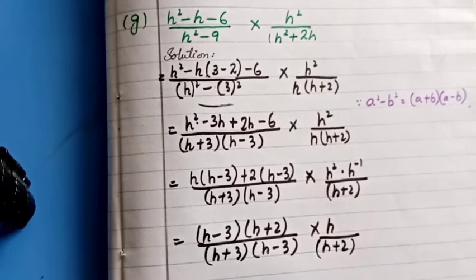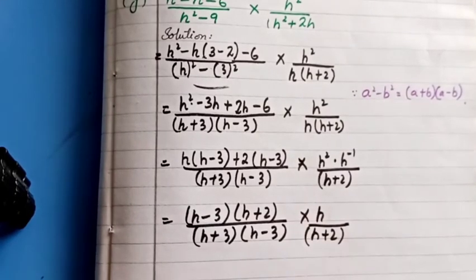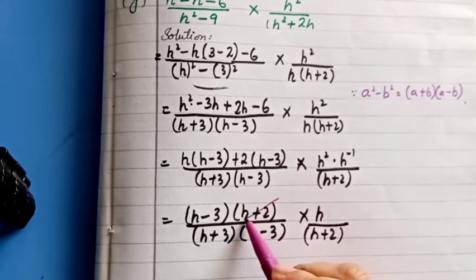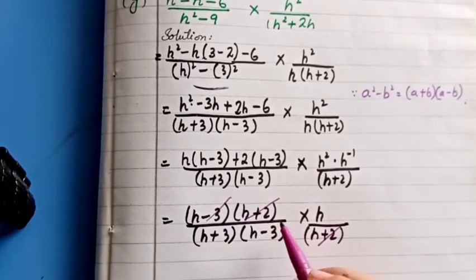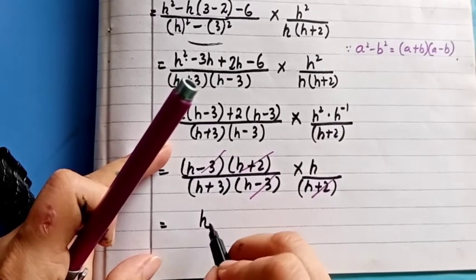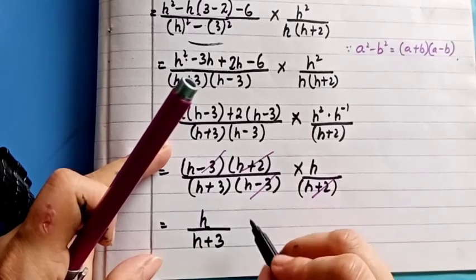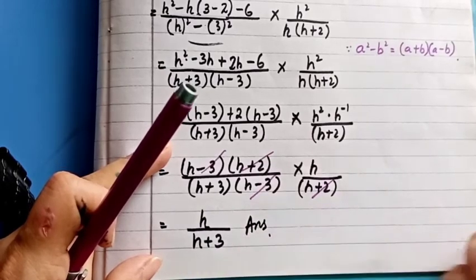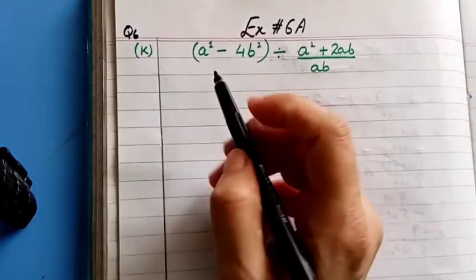Now we can cancel these brackets. So this h plus 2 will be cancelled with this h plus 2, and this h minus 3 will be cancelled with this. Only h in the numerator and h plus 3 in the denominator. This is our answer.